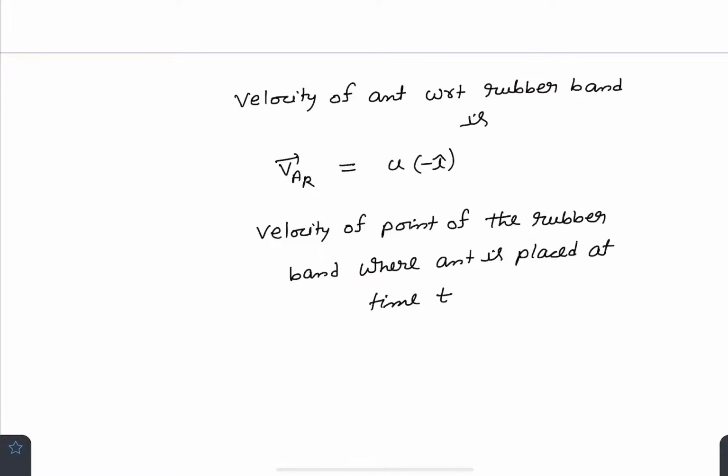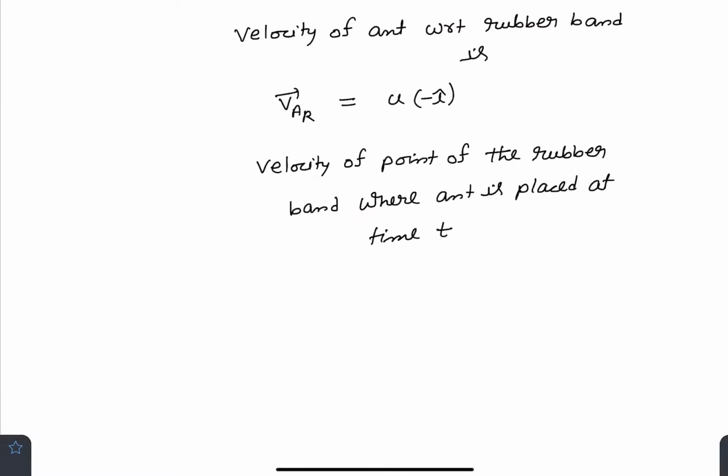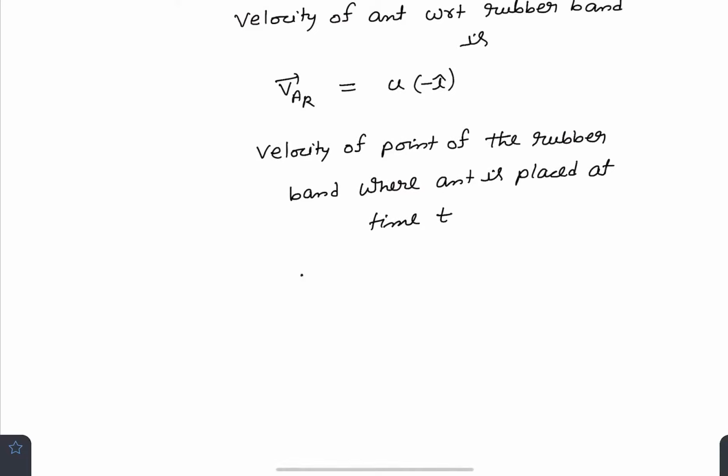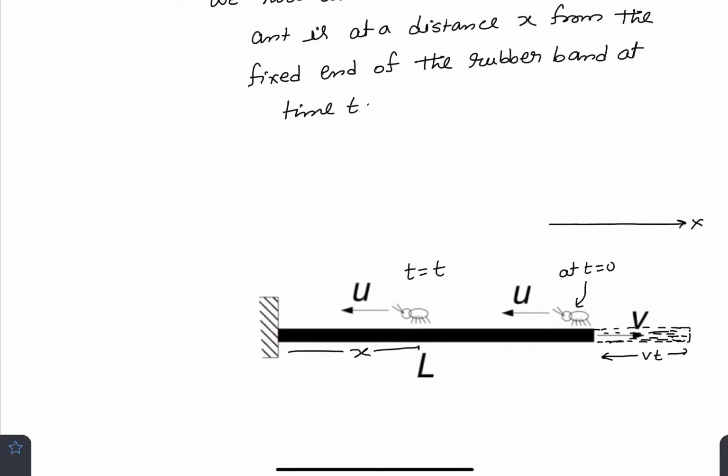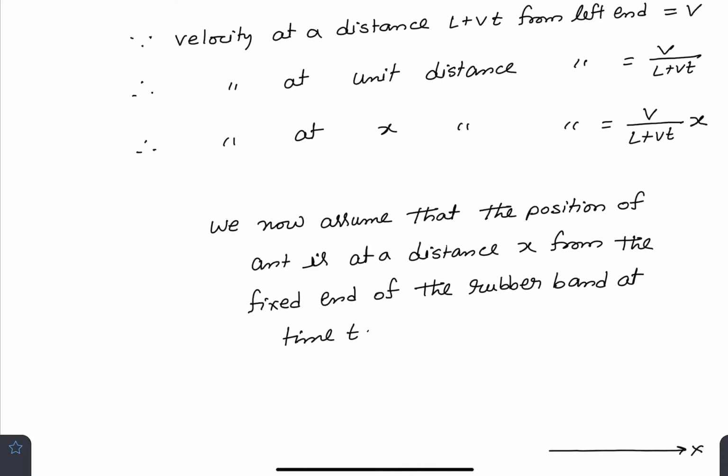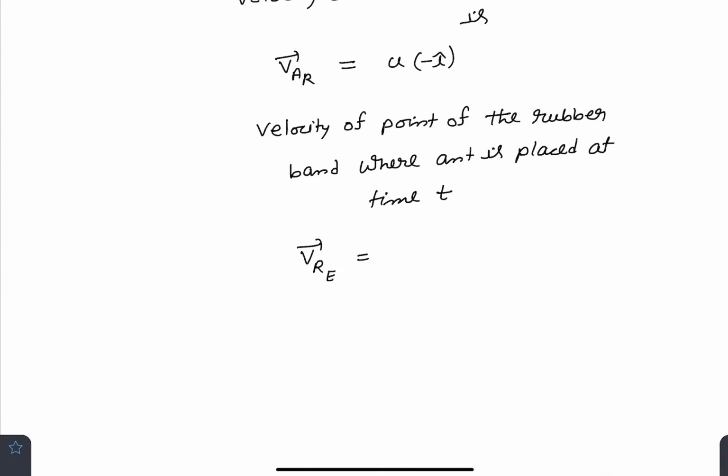At time t, the ant was placed at a distance x. That velocity we have already calculated. We will write it as the velocity of the rubber band with respect to ground, or with respect to earth. That is v upon L plus Vt into x, and this direction is towards the positive x-axis, I cap.